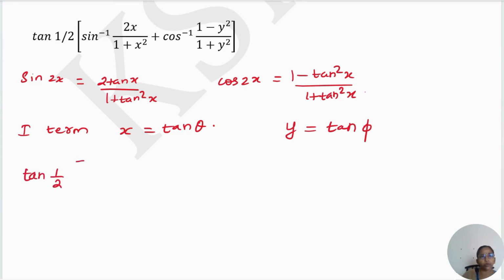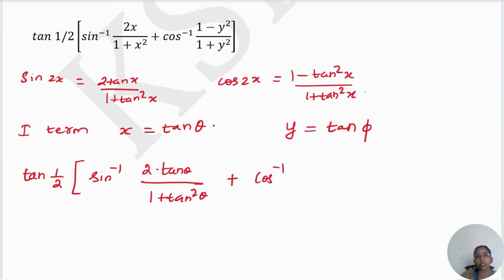Tan of 1 by 2 times sine inverse of 2 into x, which is tan theta, so 2 tan theta divided by 1 plus tan square theta. In the middle we have a plus sign. Cos inverse, coming to the second term, y is taken as tan phi, so 1 minus tan square phi divided by 1 plus tan square phi. So this is our expression.